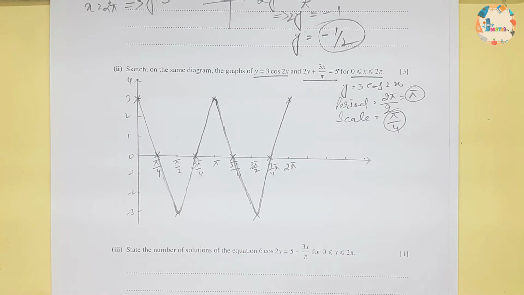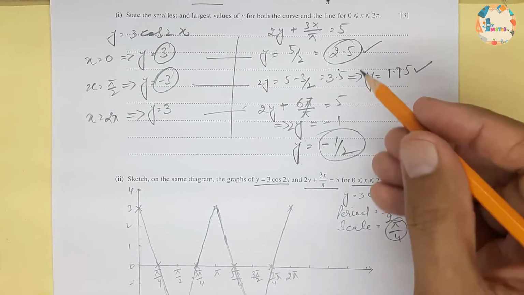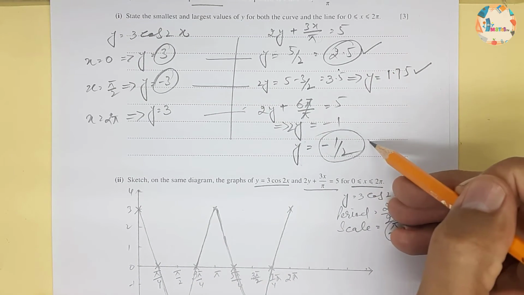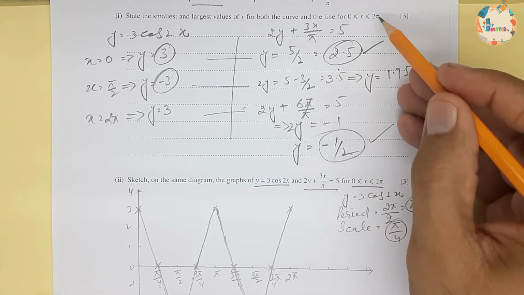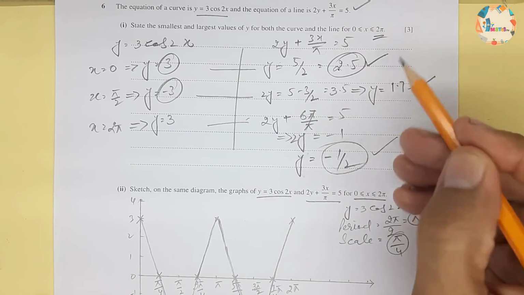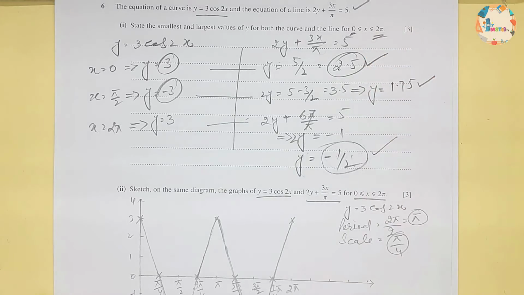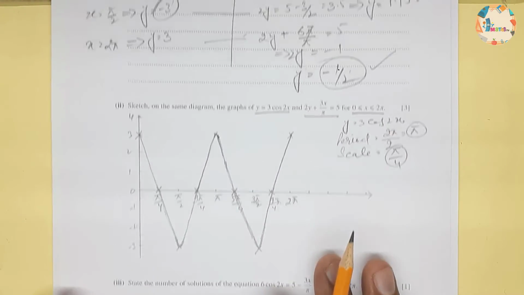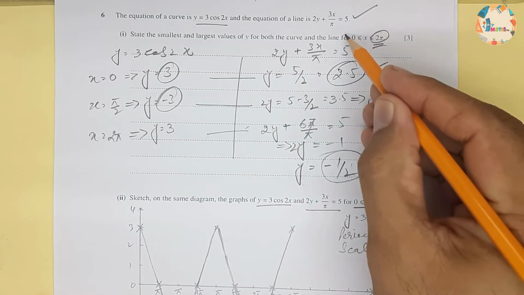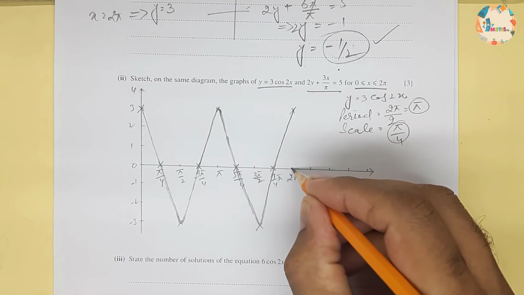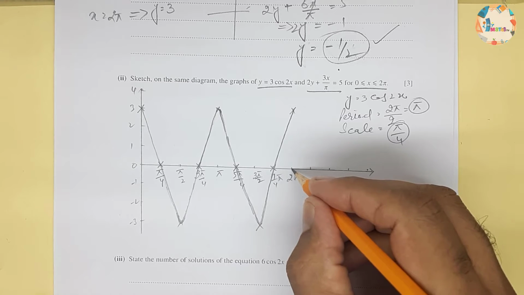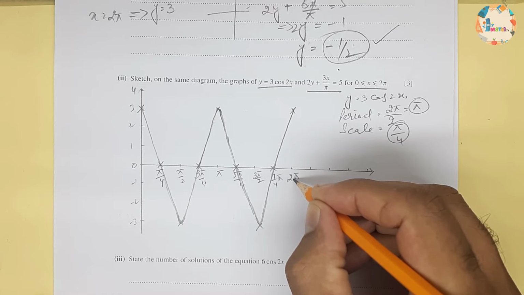Now for the other equation, if we go to this part, we have this smallest value and this largest value. The largest value is for pi and the smallest value is for 0. This is basically 2 pi, so 2 pi and 0. So the x value is 2 pi over here, and for 2 pi it is the smallest value, which is minus 1.1 by 2.